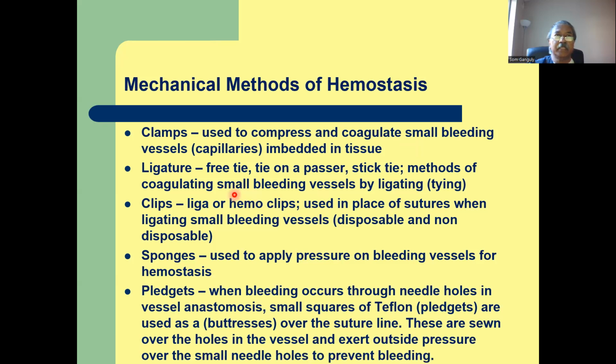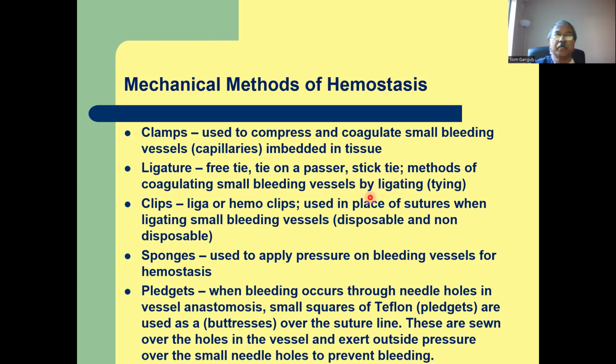Now, ligature is a suture material, free tie, like silk. Silk tie, 18 inches long or 30 inches long. Or we have tie with a needle attached to it. We call it stick tie.